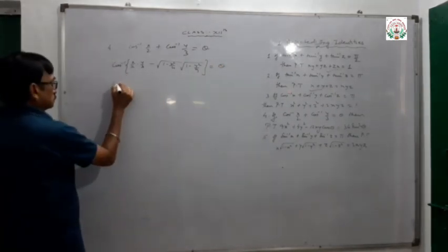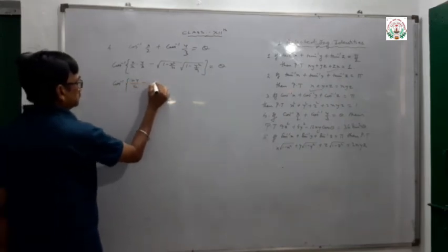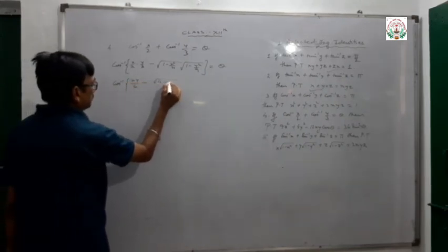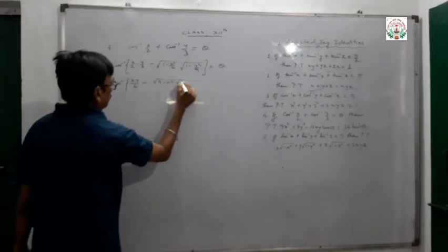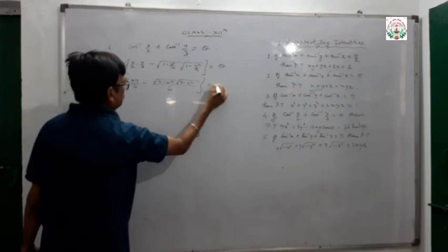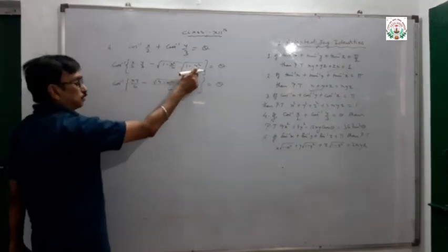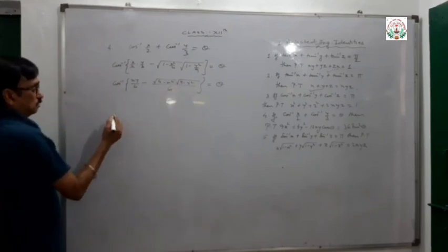So cos inverse of xy by 6 minus under root over 4 minus x square under root over 9 minus y square, divided by 6, is equal to theta. Square root of 4 will become 2, square root of 9 will become 3, 2 into 3 is 6.